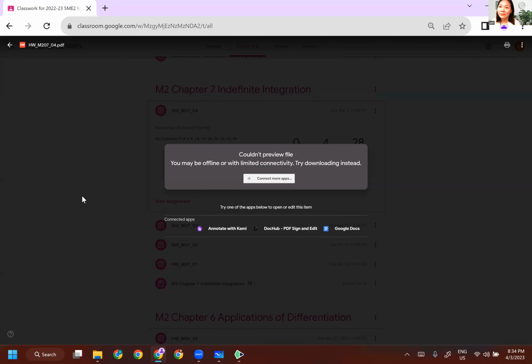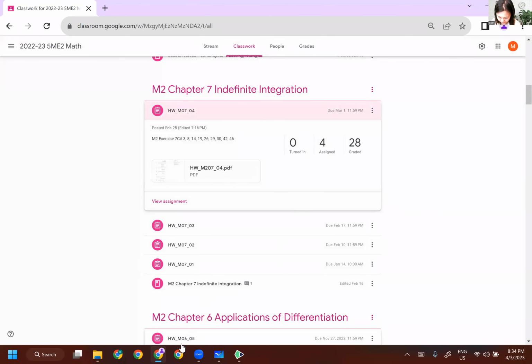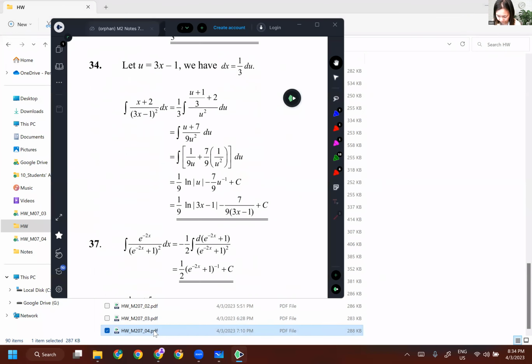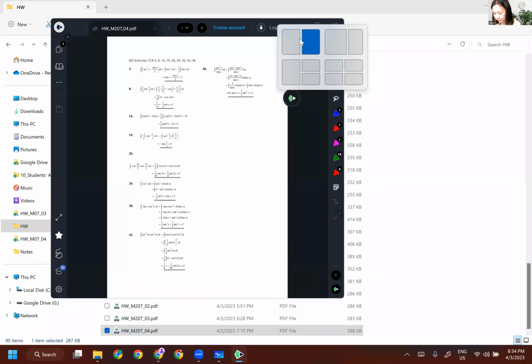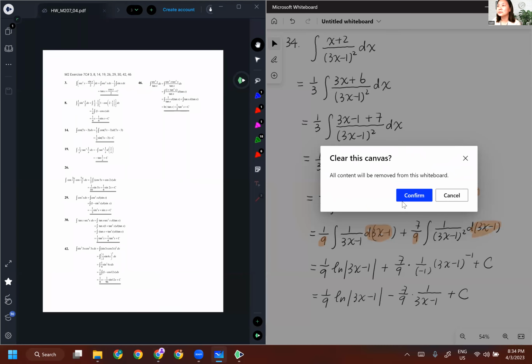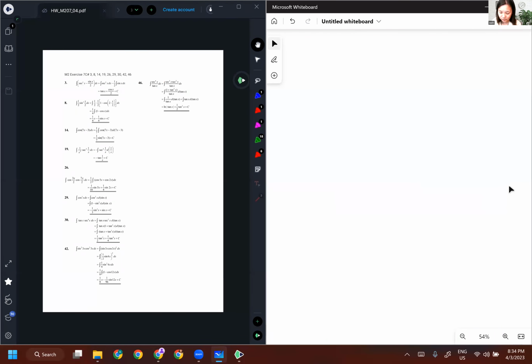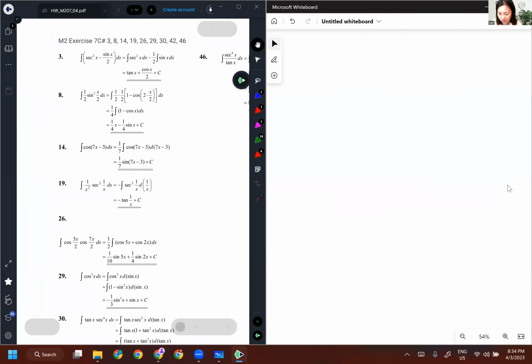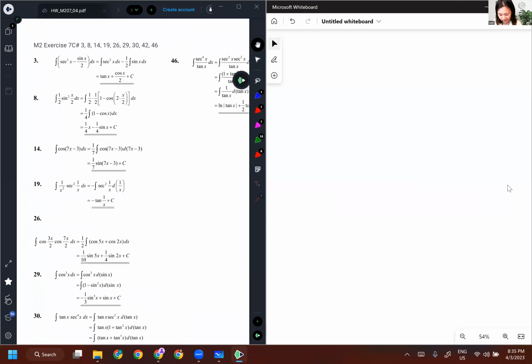I think you must be able to download, but I will just get my original file. Now this one I'll erase. For the last assignment, let me see what should be.